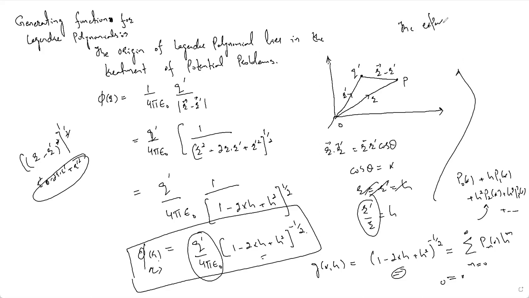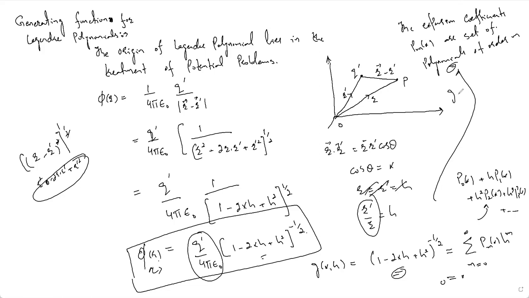The coefficients which we get from the expansion are called P_m(x) because we are expanding it as powers of h. So the expansion coefficients P_m(x) are a set of polynomials of order m, I mean the Legendre polynomials. Okay?